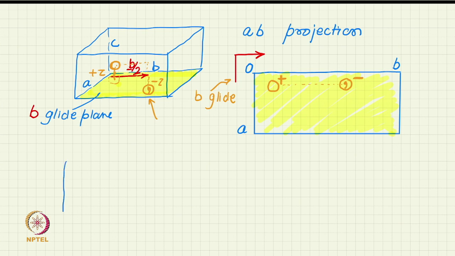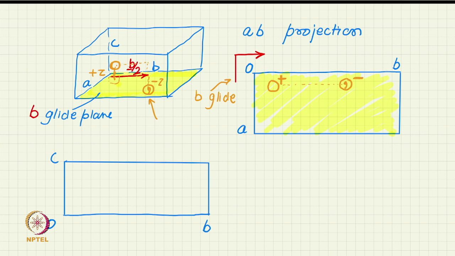If I now make the projection on the BC plane, how will the same glide plane look? Now this is B, this is C, and this is the origin O. Now, the BC plane is not the plane of the projection, so that symbol is not valid now, but you can see that now the glide plane, the yellow plane, will project along the line B itself.